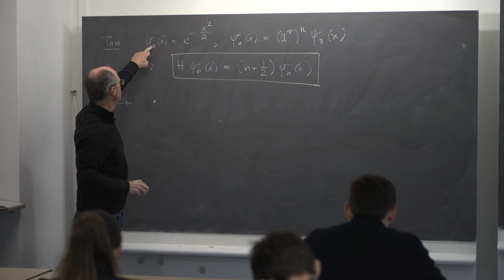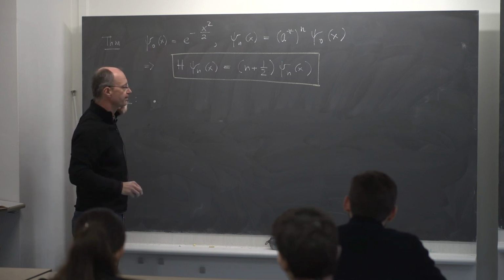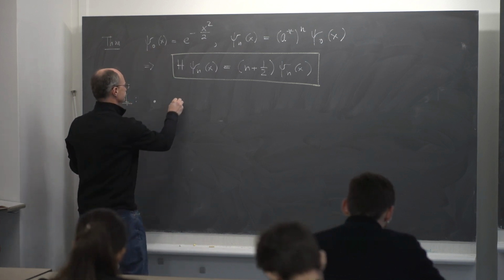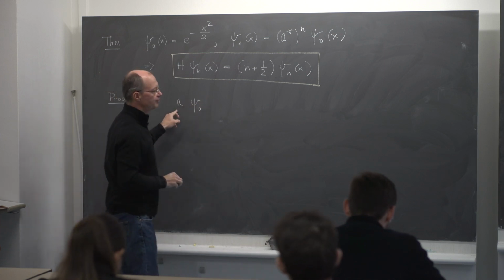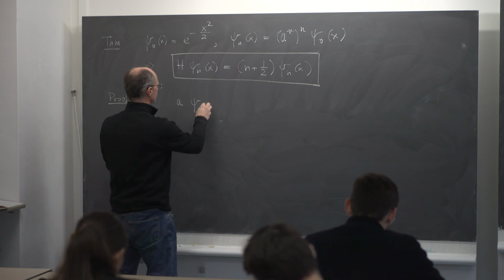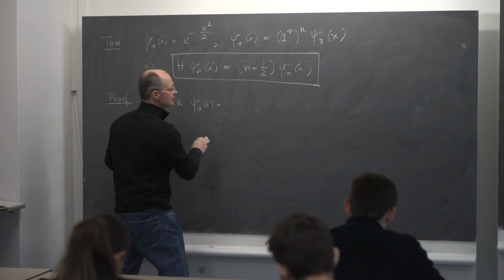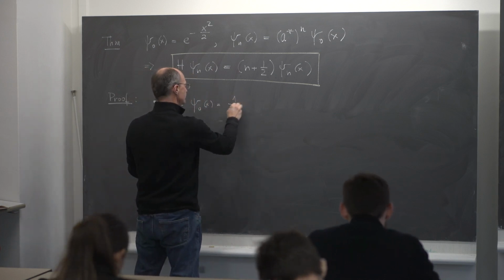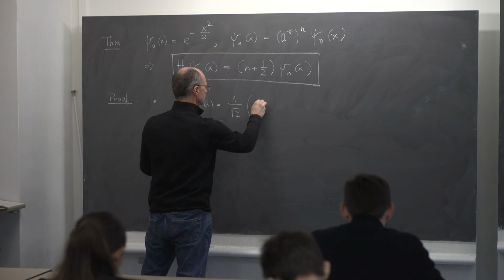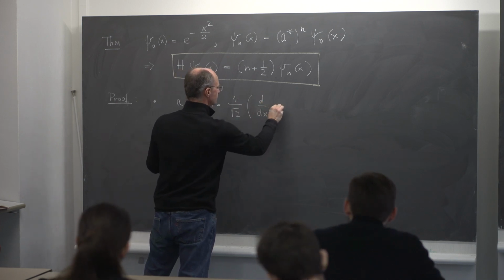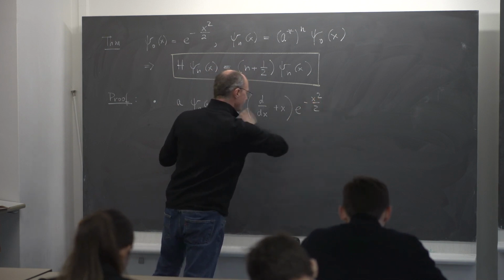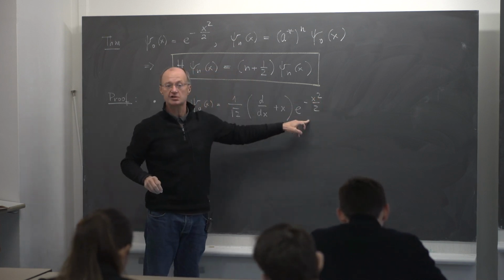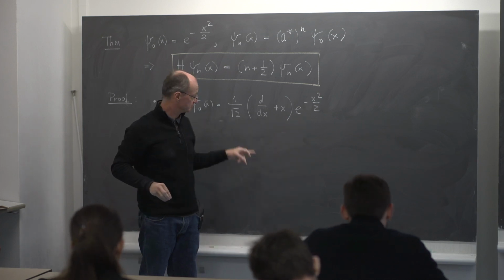First of all, let's deal with this one. Let's note the operator A acting on psi naught of x. This is 1 over square root of 2 times d over dx plus x, acting on exponential minus x squared over 2.